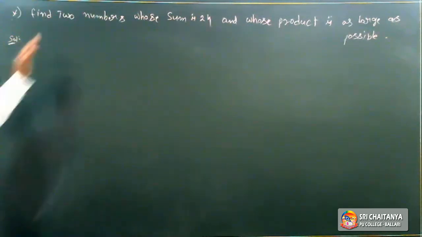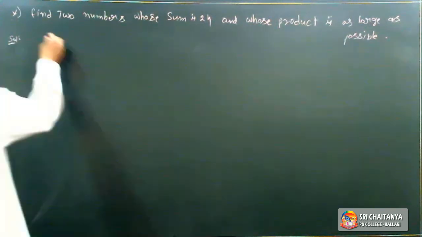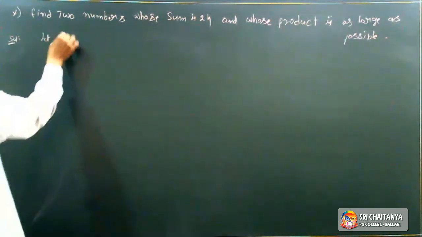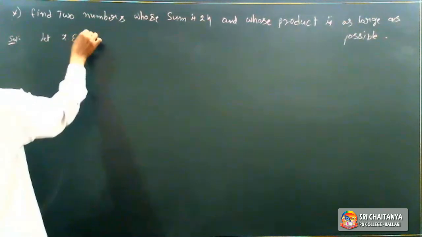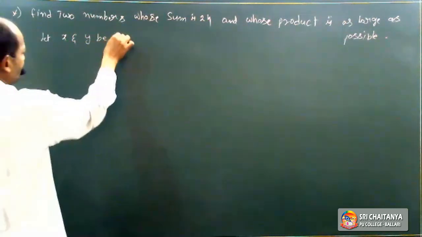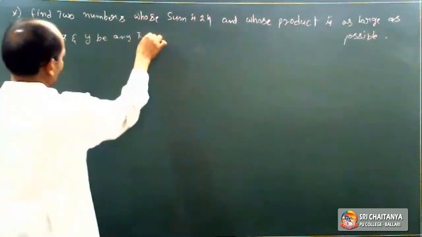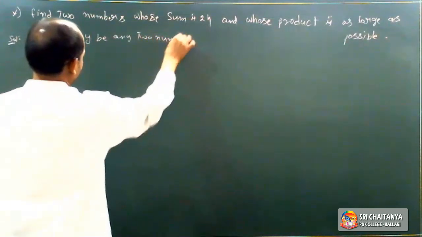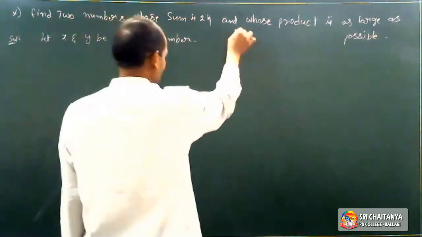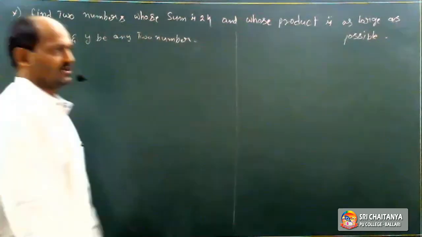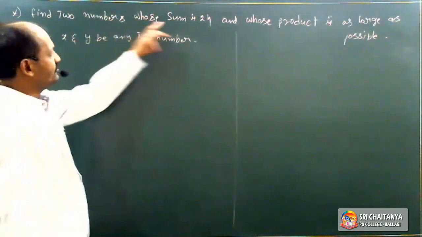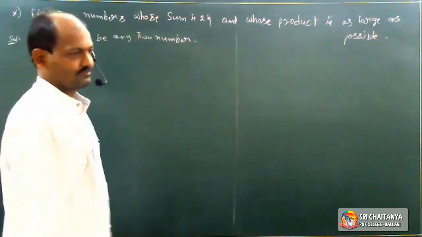Important, this type of problems. First, consider any two numbers. Let x and y be any two numbers. Here given the sum of two numbers is 24.